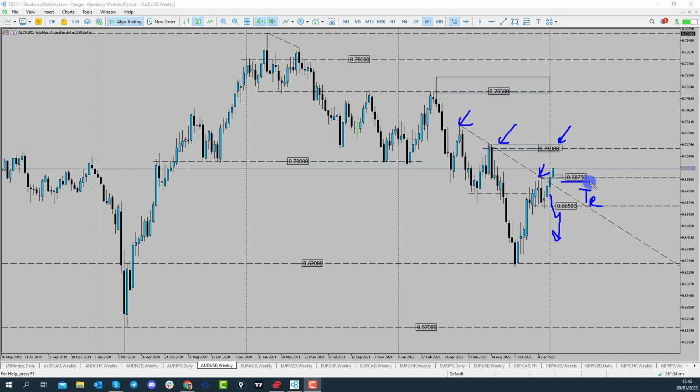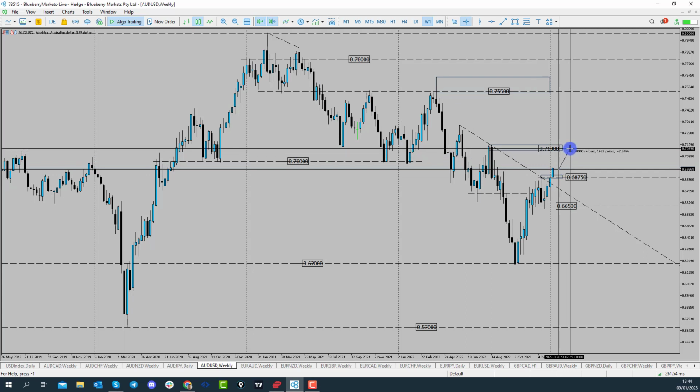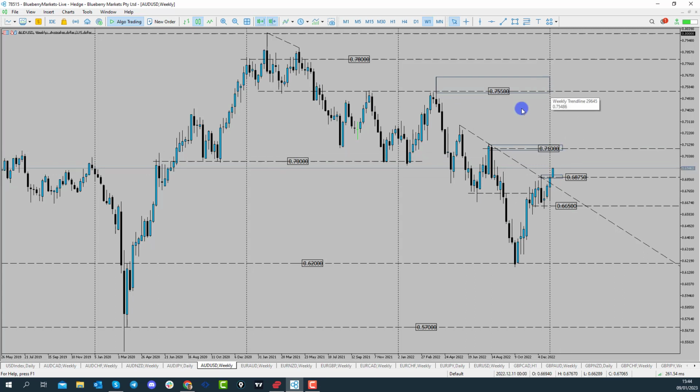It's also traded through the 0.6875 range highs, which opens the door now to the 0.71 highs, because you can see from here we had a significant move down. So price is likely going to test the 0.71 handle now. For us, that is still around about 170 pips away, so it's still an opportunity for us to look at for price to come into.